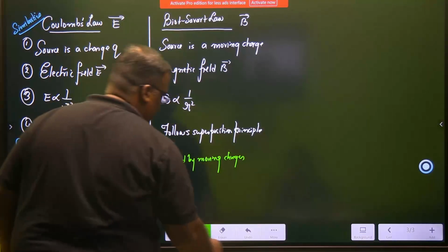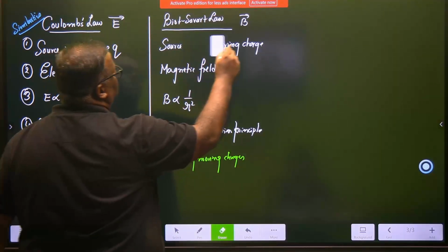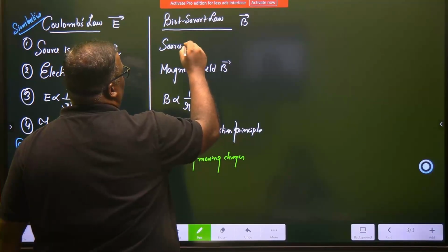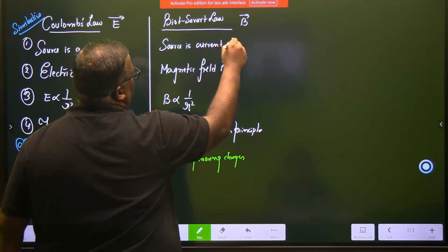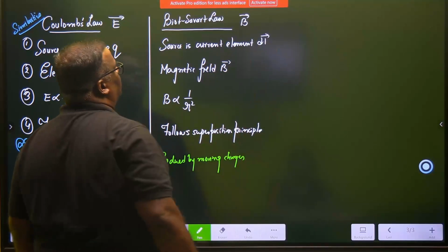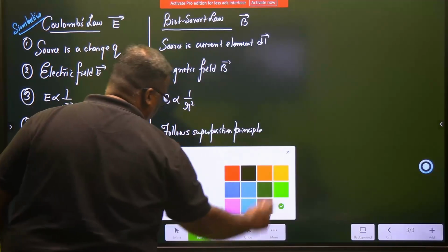Since we are using this in dissimilarity, the source is the current element, current element dl. Without dl we can't have it. Produced by stationary charge, produced by moving charge.